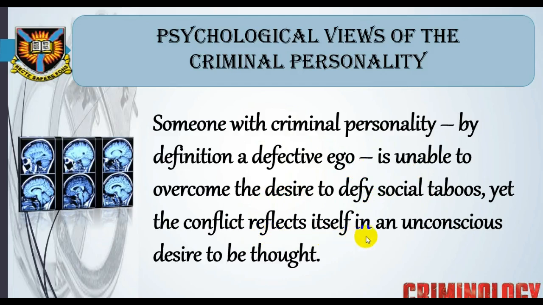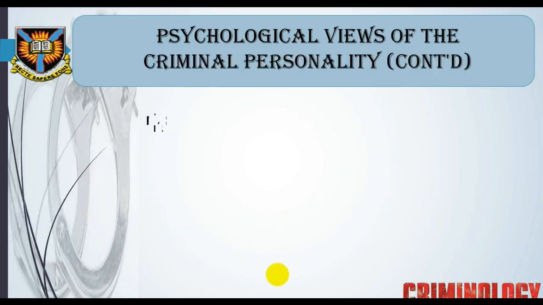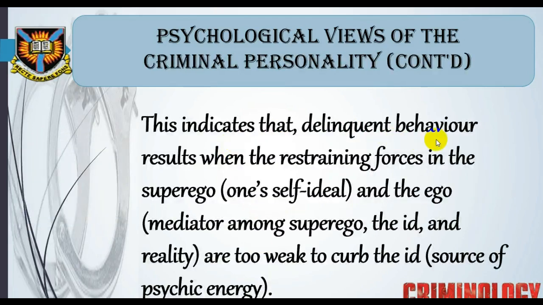Yet, the conflict reflects itself in an unconscious desire to be taught. This indicates that delinquent behavior results when the restraining forces in the superego, one's self-ideal, and the ego, mediator among the superego, the id, and reality, are too weak to curb the id, source of psychic energy.